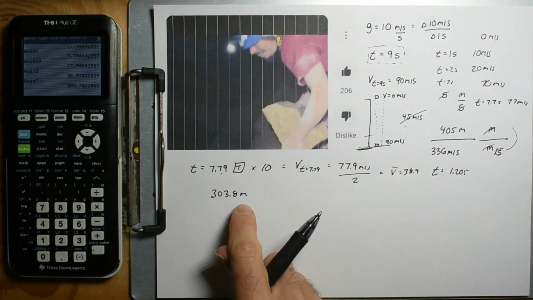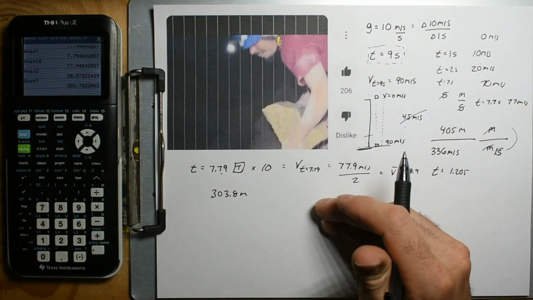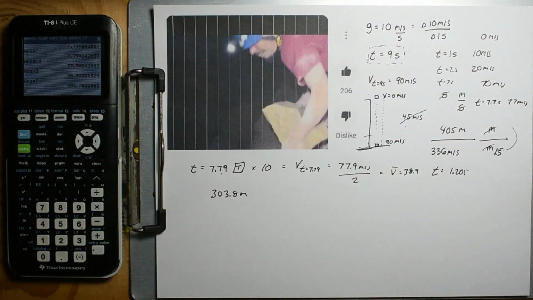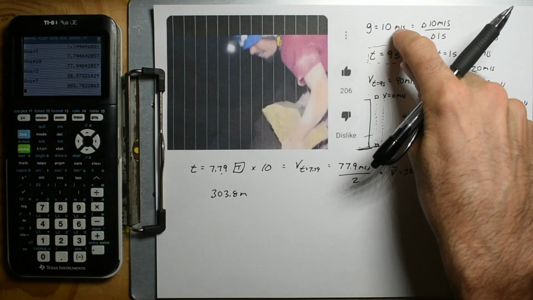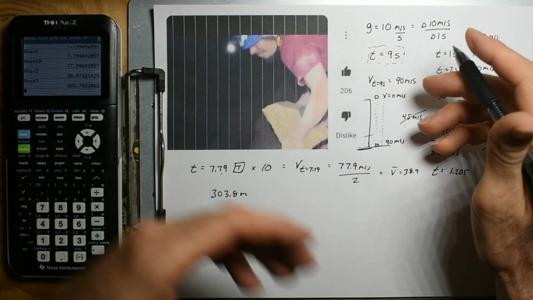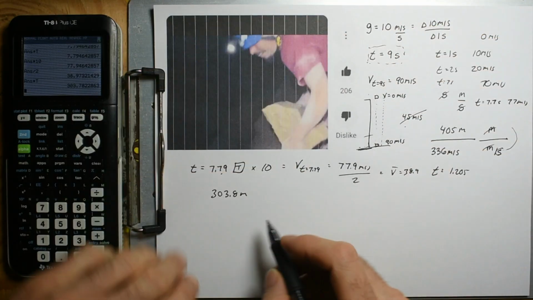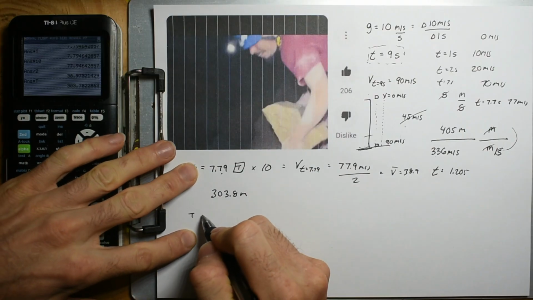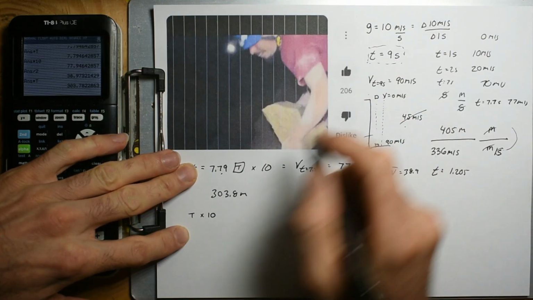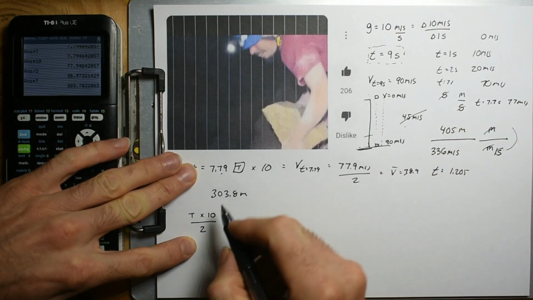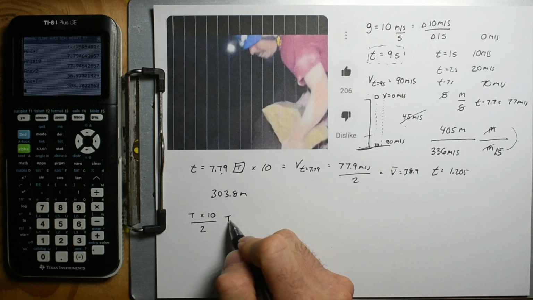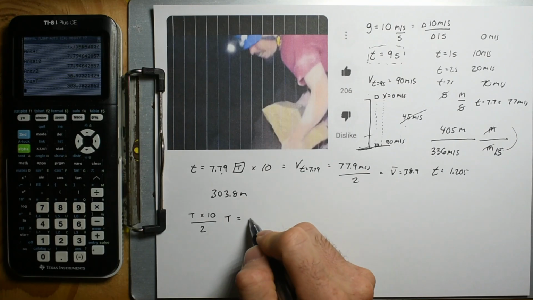So now if this is our depth, this is where we need another equation. And I wanted to make this video using no calculus. What did we do here? We had some sort of time value. We multiplied by 10, we divided by 2, and then we multiplied by the time value again. And that's how we got this distance.